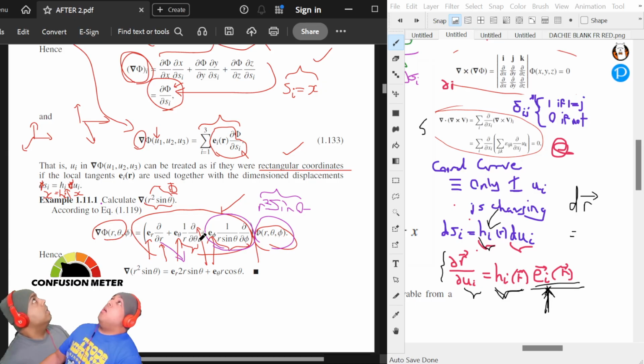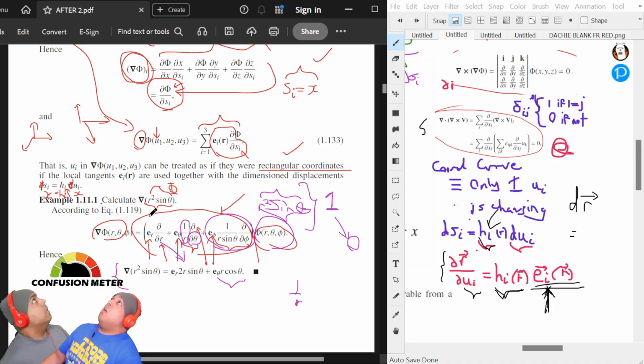Del theta. Okay, interesting that this is considered a constant. So 1 over r, and this differentiated by theta is r squared cos theta, but divided by r, we get r cos theta. And this differentiated by phi, there's no phi here, so this is actually just a number, and when you differentiate a number, it's 0.